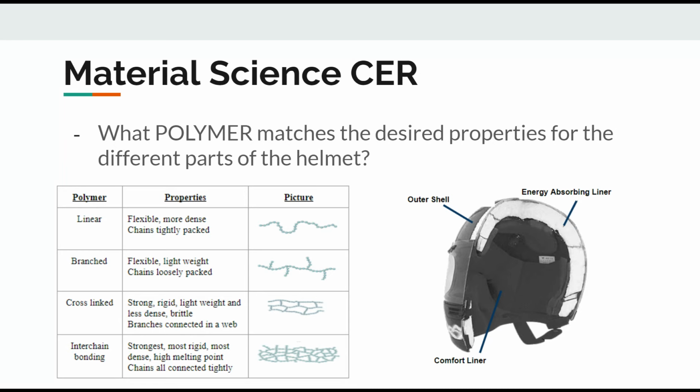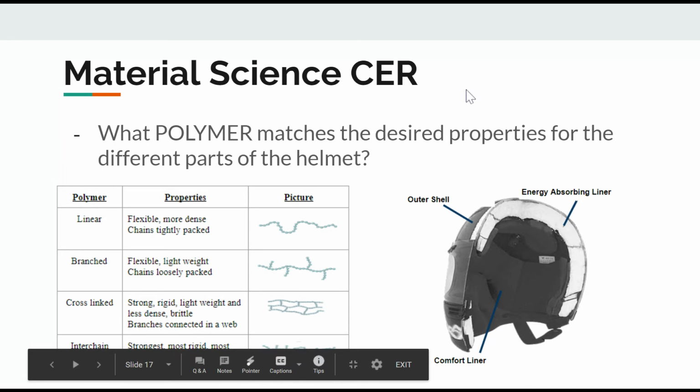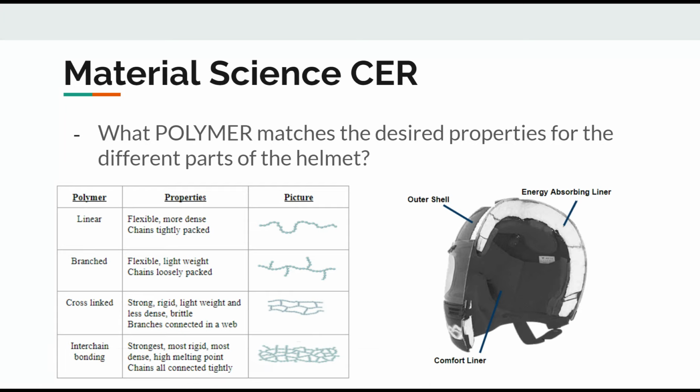Next, you're going to think about what polymer matches the desired properties for these different parts of the helmet. If you stop and take a look at the 4 different polymer options we've been working with throughout this unit, you have linear, branched, crosslinked, and interchain bonding. Look really closely at the properties of those polymers and which one matches the desired properties for each of the outer shell, the energy absorbing liner, and the comfort liner.